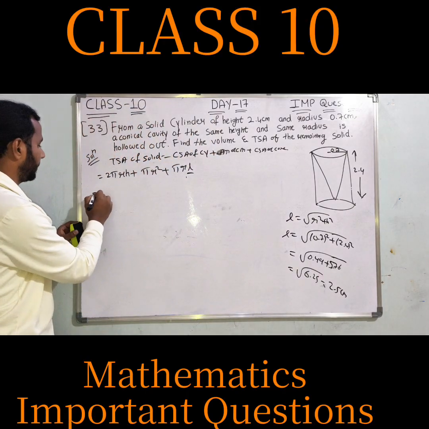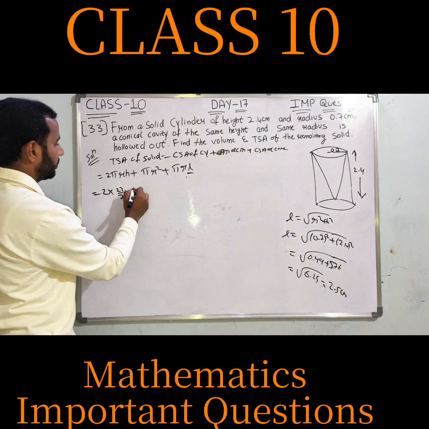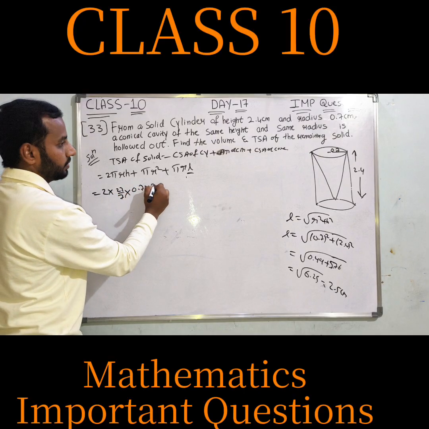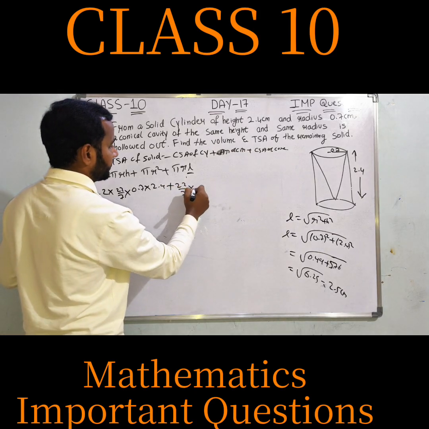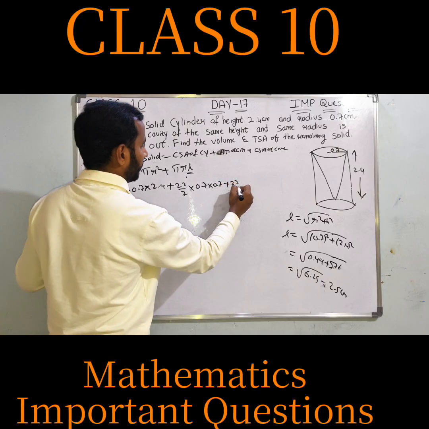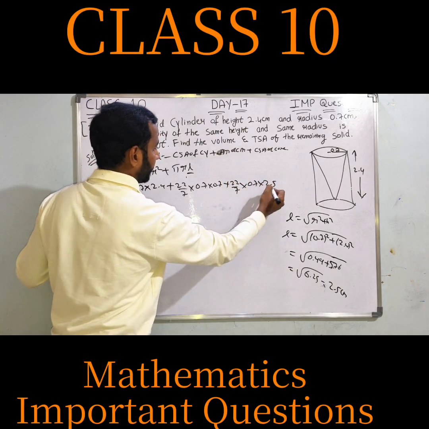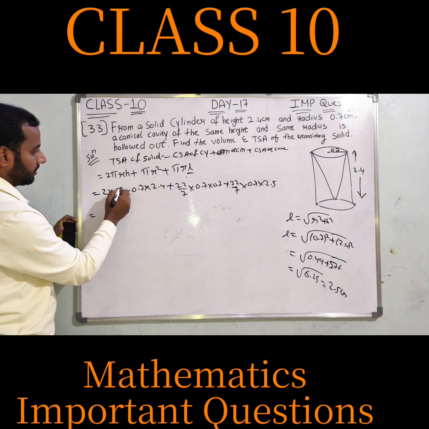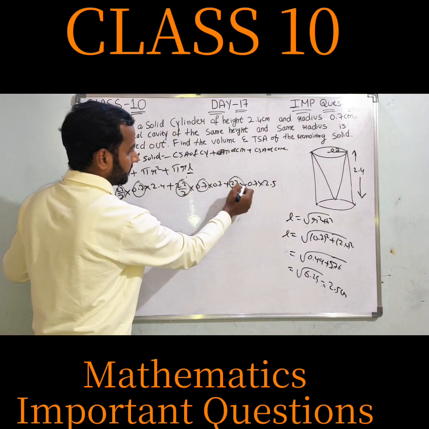Now you need to substitute. 2 into pi value 22/7, radius 0.7, height 2.4, plus pi value again 22/7, radius 0.7 into 0.7, plus pi value 22/7 into radius 0.7 and l is 2.5. Now take the common 22/7 and 0.7.